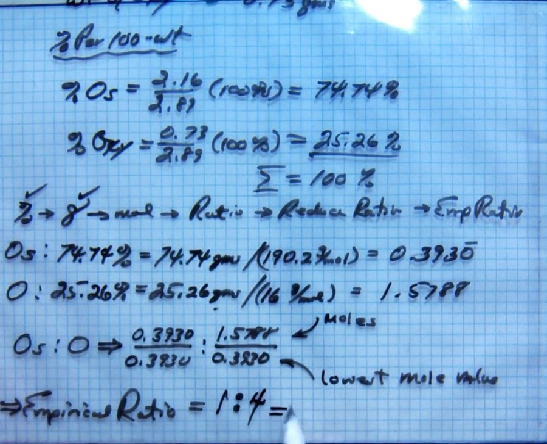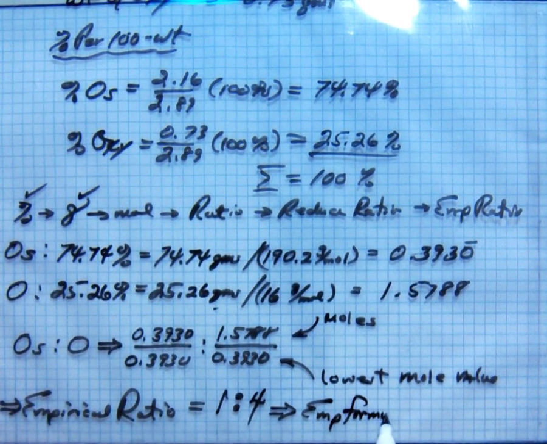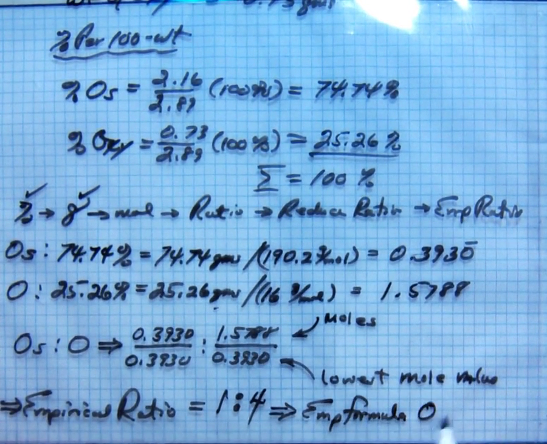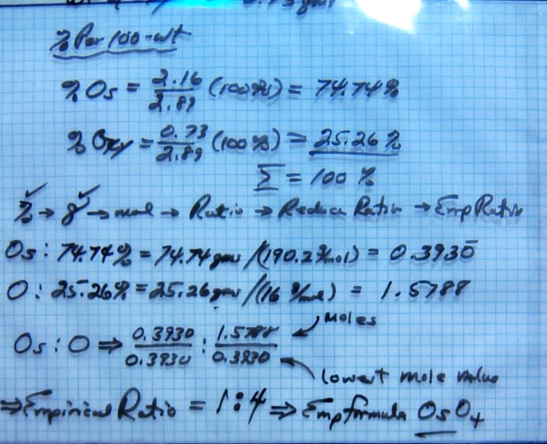And so this will give you the empirical formula, which is simply OsO4 in that particular problem. Can everybody see that down there? Any problems with that? Nothing more, nothing less. Your biggest challenge is going to be sitting down and learning this sequence and being able to deal with it, because the problems will come to you just like that.